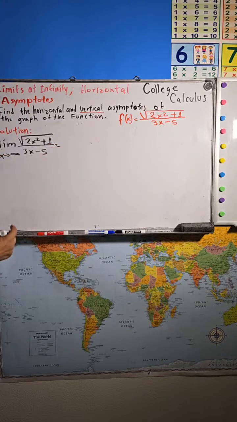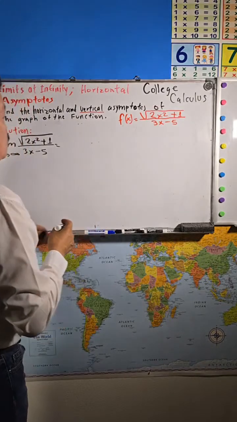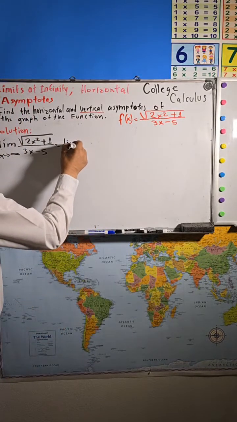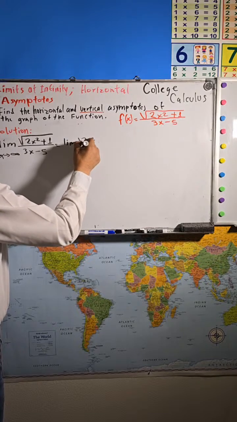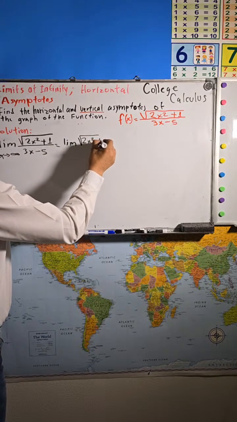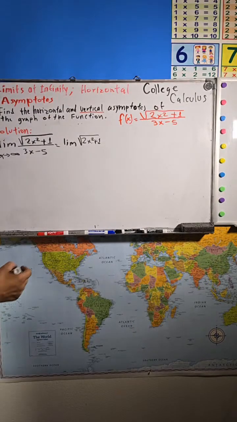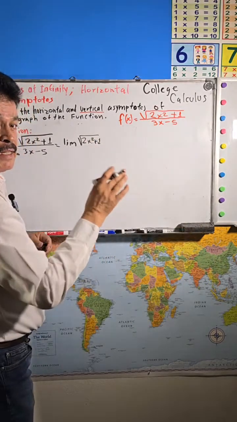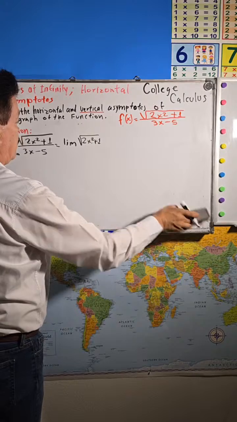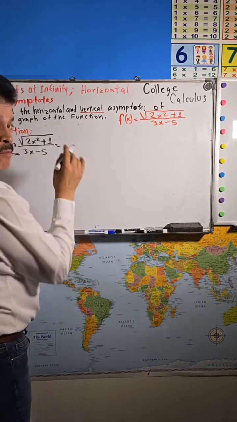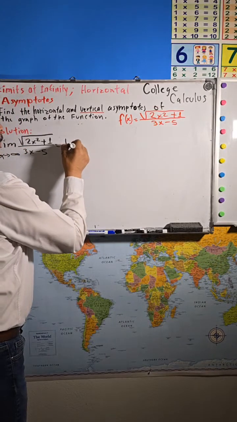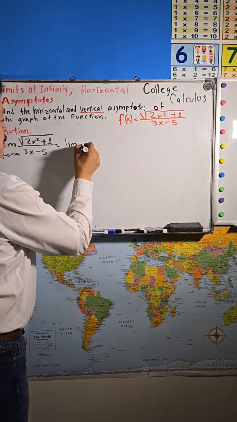This will equal the limit of the square root of 2x squared plus 1, divided by x, because we have divided both by x.